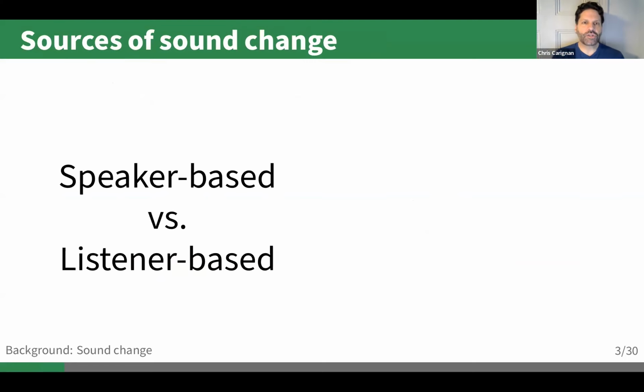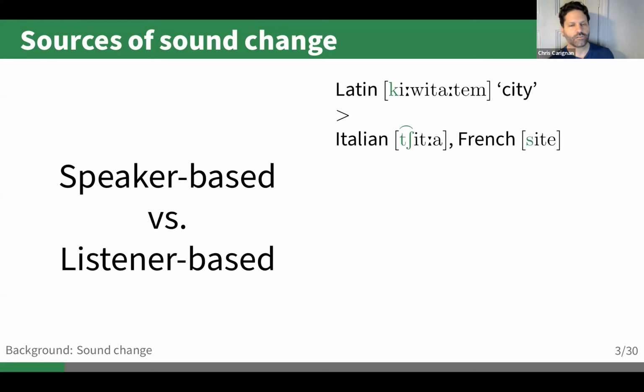So in broad terms, there are two different ways of approaching sound change: sound change that comes from the speaker and sound change that comes from the listener. And there are lots of different types of sound changes of the first kind, speaker-based. So I give an example here of a well-known and very common sound change, palatalization of velars before front vowels.